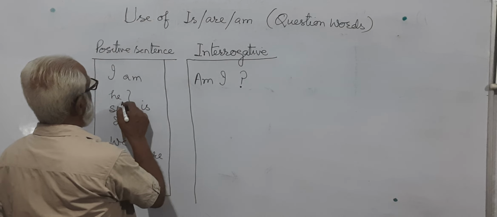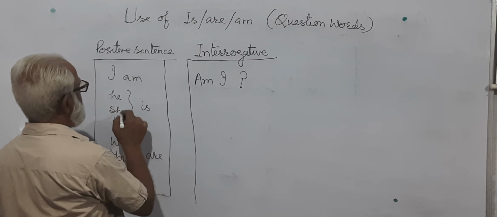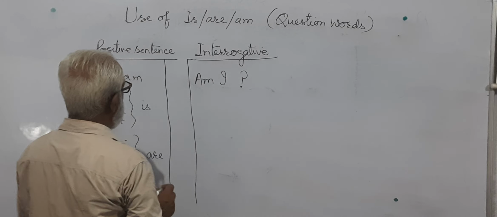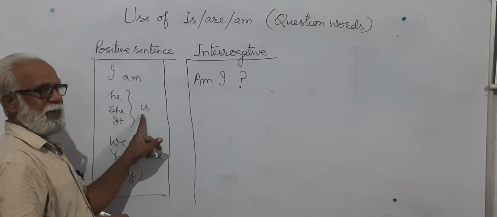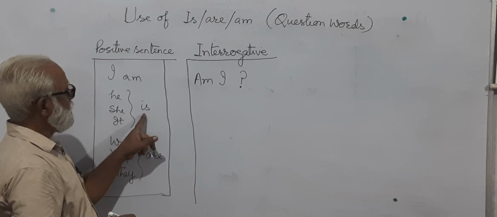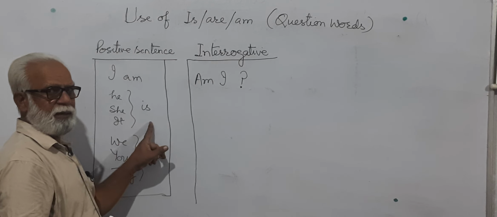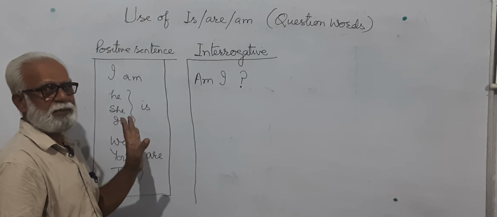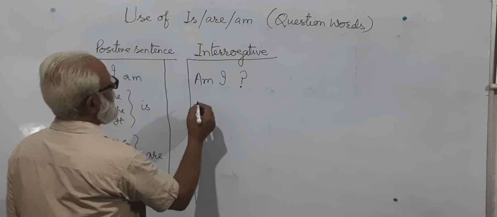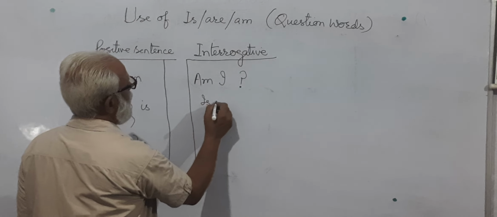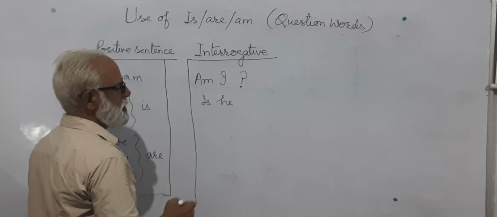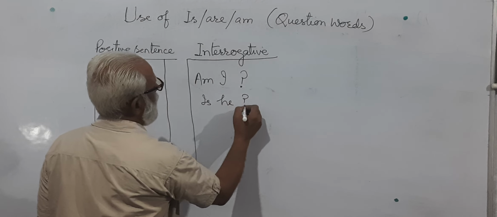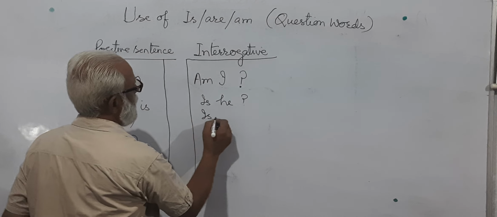Similarly, here we have subject he, she, it, followed by is. If we speak is first, then he, it means this is a question. Is he? Is she?